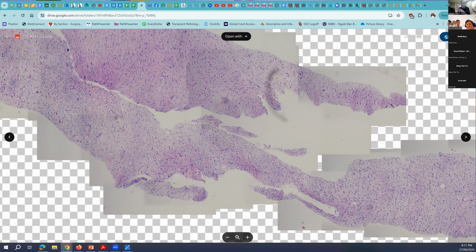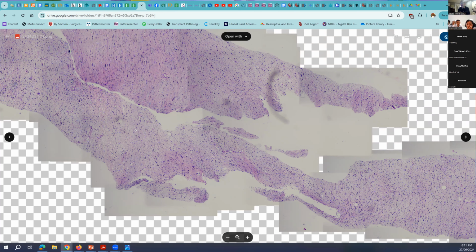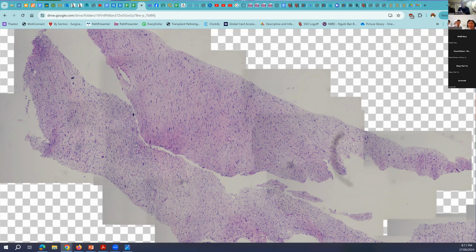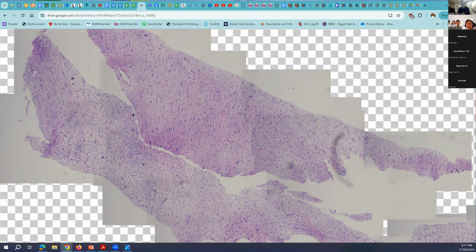But again, this has a little bit more pleomorphism than that tumor usually does. And then you have other sorts of things like sclerosing mesenteritis and retroperitoneal idiopathic fibrosis. Again, those usually do not have the cytologic atypia that we're seeing here.